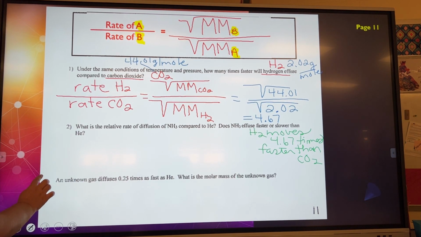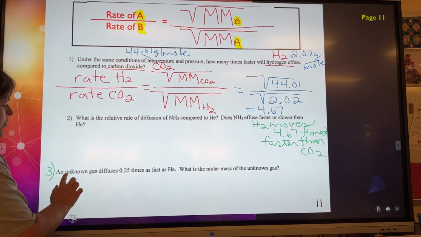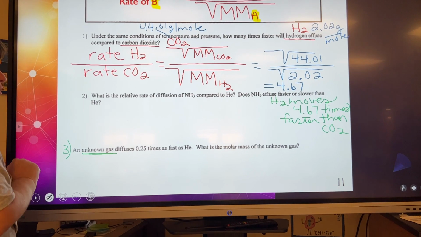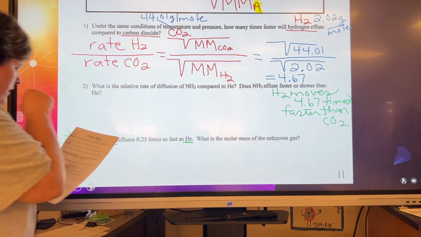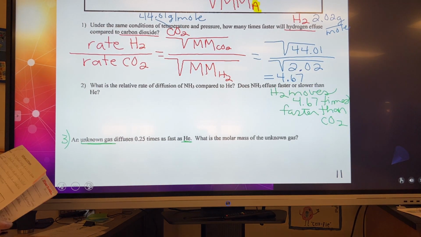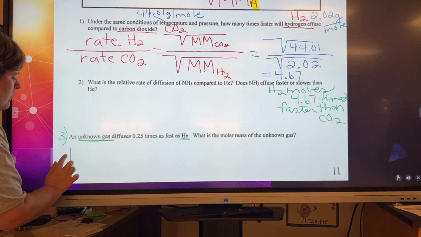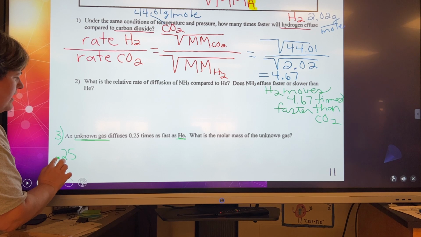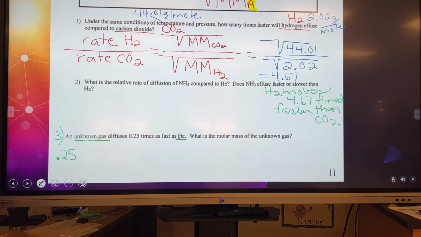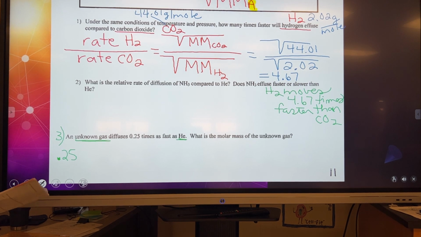All right, I'm going to do number 3 on page 11. Uh-oh, I've got an unknown gas. So I don't know what that gas is, and I have helium. So my unknown gas is diffusing 0.25 times faster than helium.